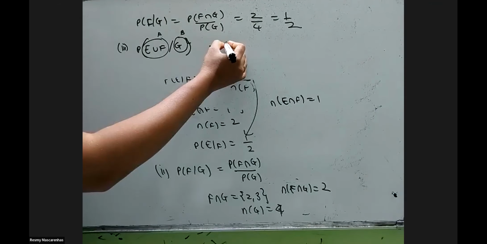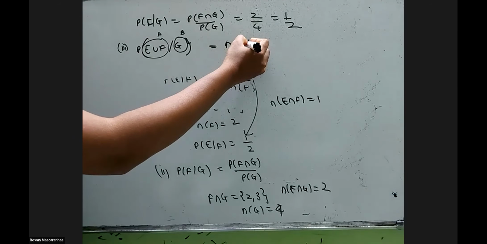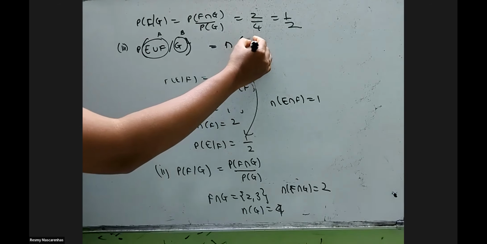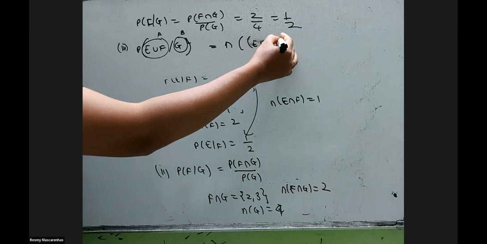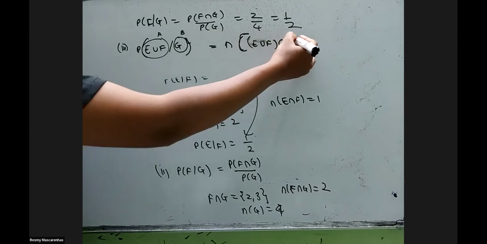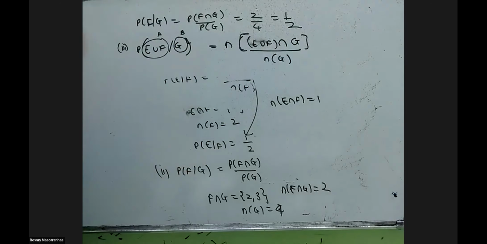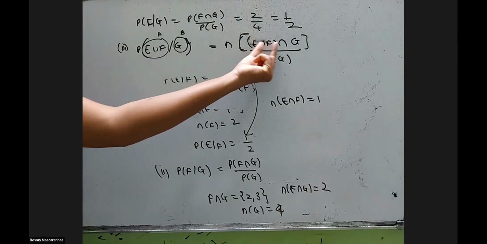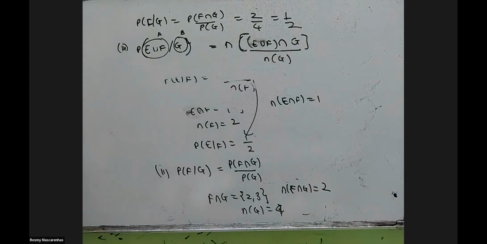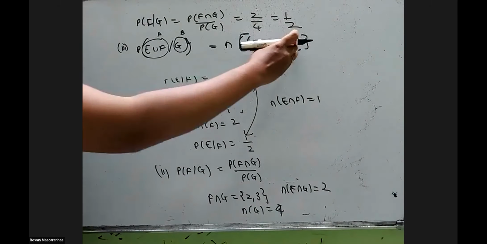So it will be N of E union F intersection G. So it's like A intersection B upon N of B. So we have to calculate this part now.